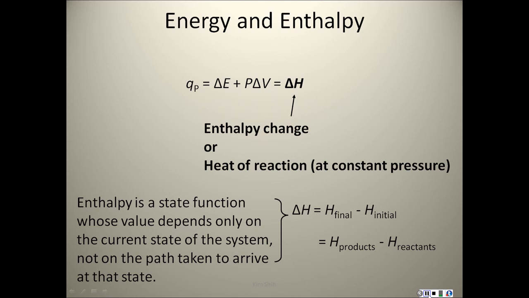So energy, pressure, and volume, they're all state functions. And because they are all state functions, enthalpy by definition must be a state function because it uses energy, pressure, and volume. So one of the things we're going to see a lot, generically, when we talk about delta H, is H final minus H initial, or the final minus the initial, or what that really means for us is the summation of the products minus the reactants.